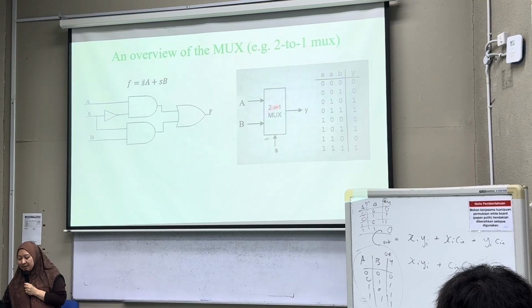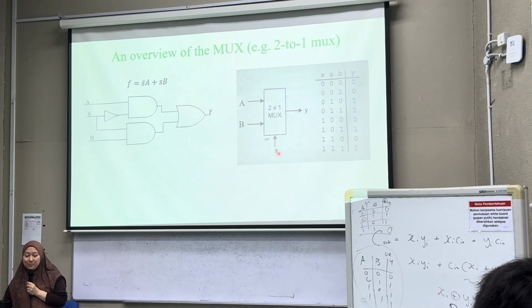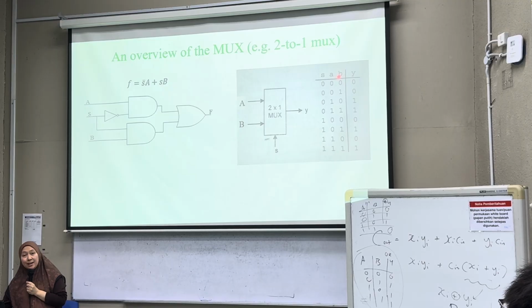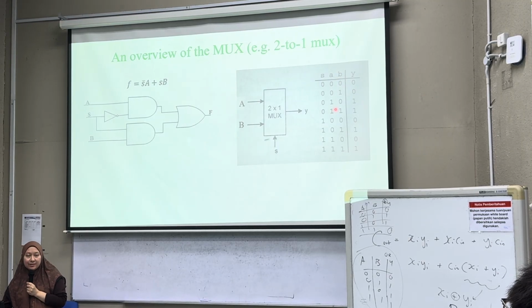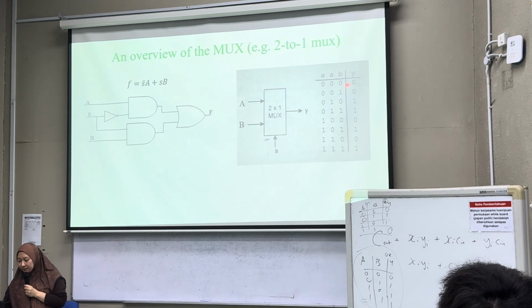Basically the selector is also a part of your input, so it's S, A, B. These are the states, the conditions. You've got 3 input variables, thus you will have all these 8 conditions, and these are your output.